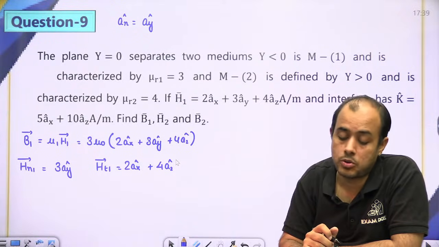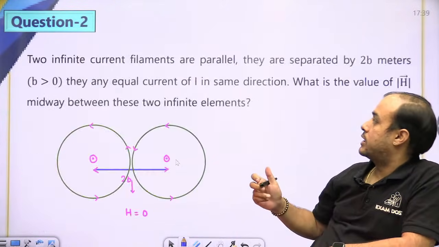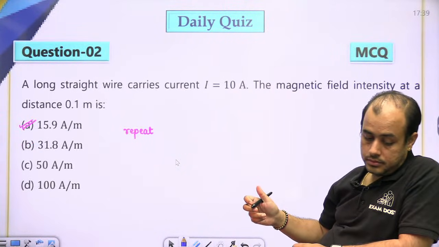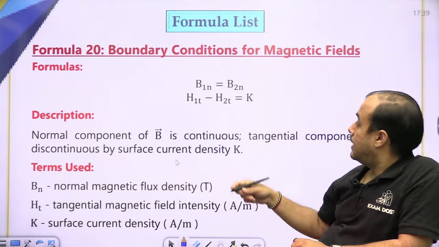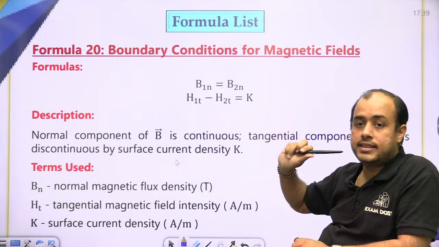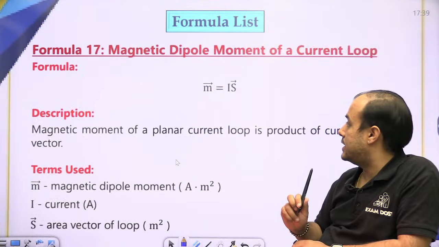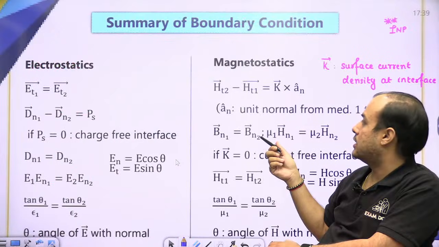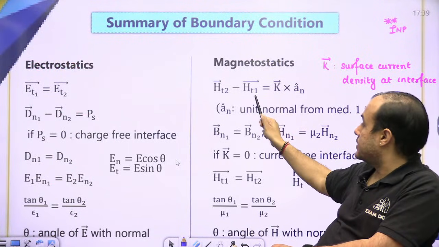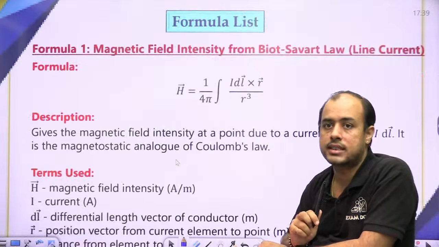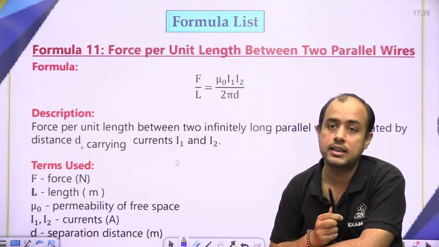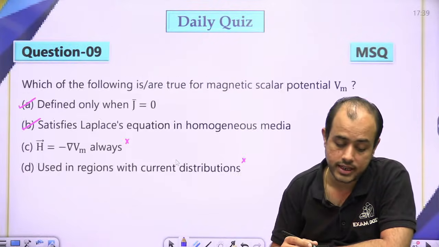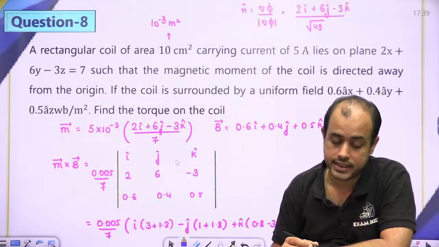Now what was the boundary condition बच्चों? देखो बाउंड्री कंडीशन हमारे पास क्या क्या थी। H1t minus H2t is K. We took it as K cross n. देखो आपको ना याद कौन सा रखना है बेटा, you have to remember the vector form. So 2 minus 1 is K cross n. बहुत सी बुक्स में जो है ना स्केलार फॉर्म दिया होगा, you have to remember the vector form K cross n. Okay? क्या याद रखेंगे, K cross n, 2 minus 1.